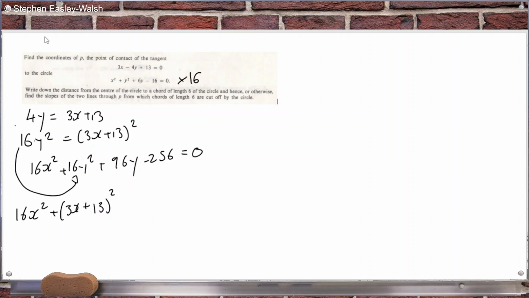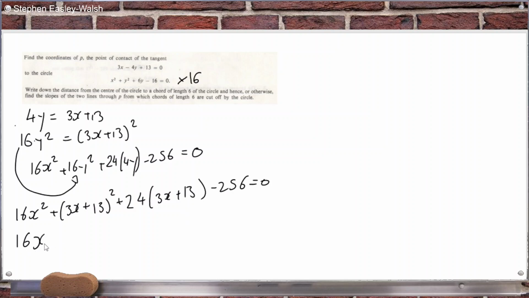Actually, what I'll do is a little sneaky thing here: you note that 96 is 24 times 4. So you can say that instead of 96, it's 24 times 4. So you can replace that with 24 times (3x plus 13) minus 256 equals 0.